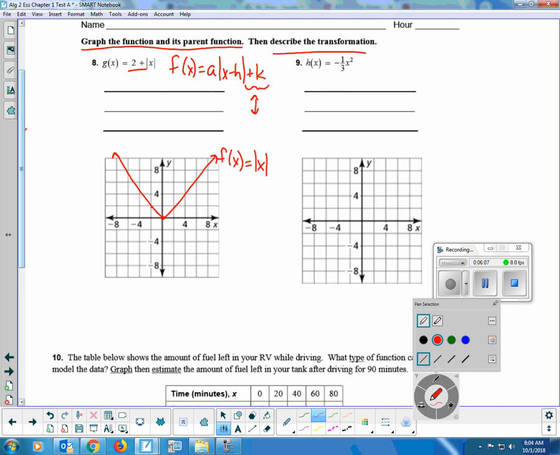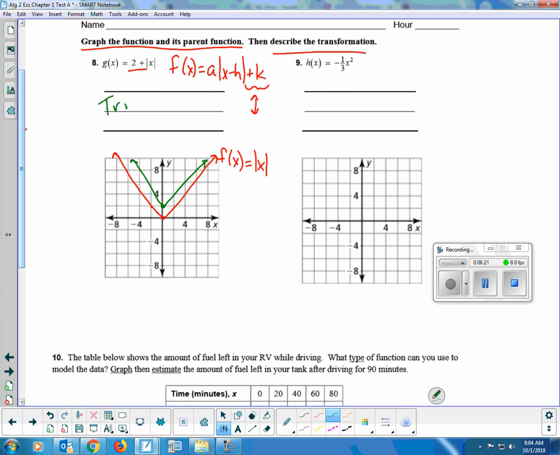So it looks like the parent function is going to stay the same shape, but move up 2 units. There's 2 units, perfectly diagonal. So I graph the function, describe the transformation. It's a translation. I don't even mind if you use slide, 2 units up.